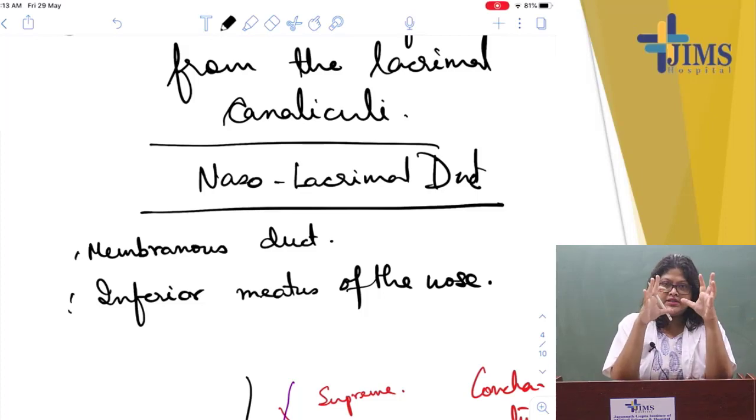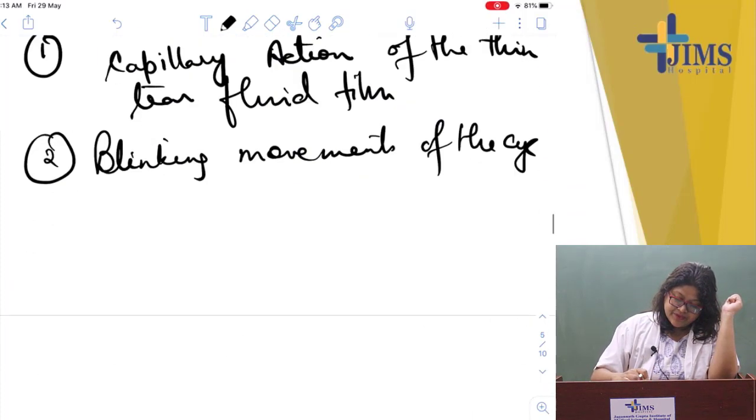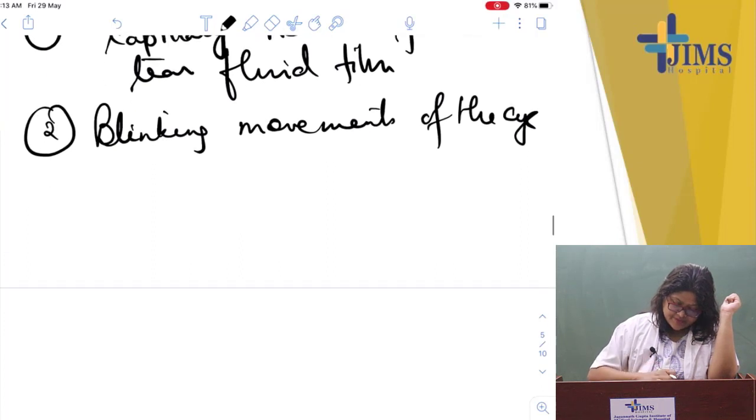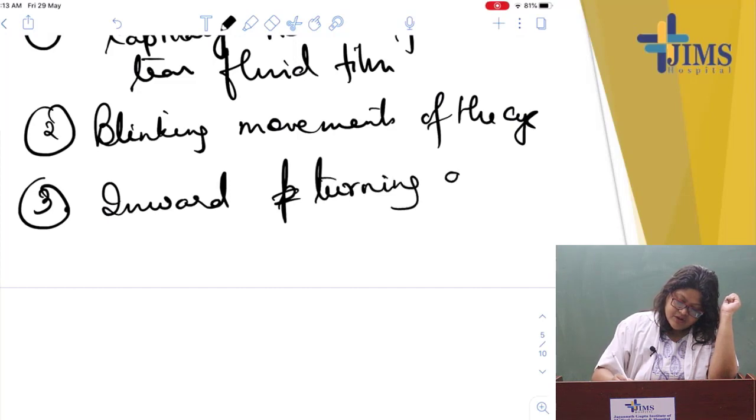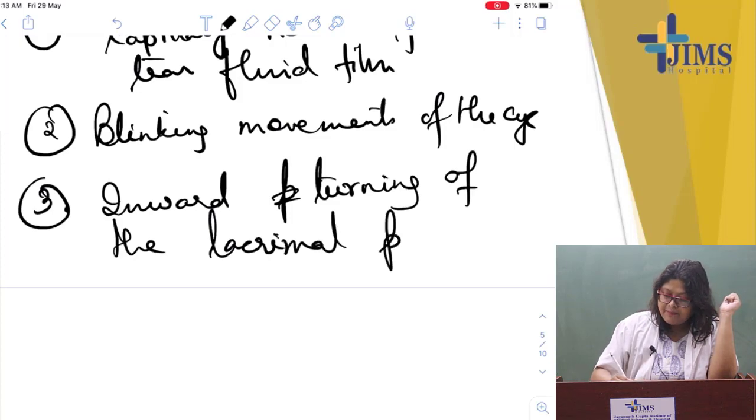happens, the two parts of the gland are continuous by the posterior border of the LPS. So when the LPS contracts, it causes a squeezing action on the lacrimal gland. Number 3, is the inward turning of the lacrimal punctum, which helps in aspiration of the fluid.